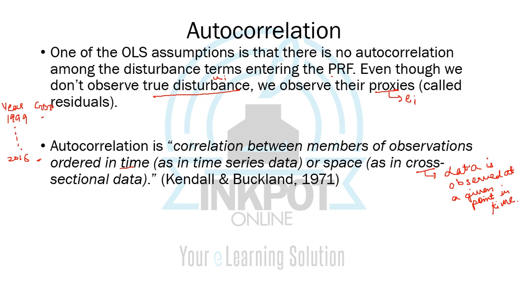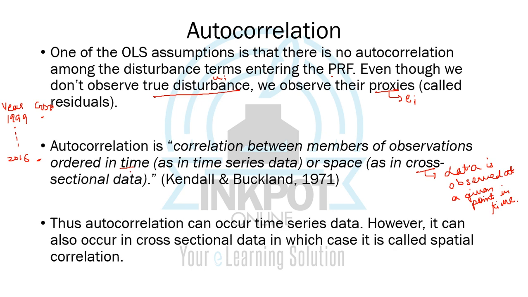It's very common to find autocorrelation among the observations in time series data. It's also common in cross-sectional data if there is huge heterogeneity among the units being sampled. Thus, autocorrelation can occur in time series data. However, it can also occur in cross-sectional data, in which case we call it spatial correlation.